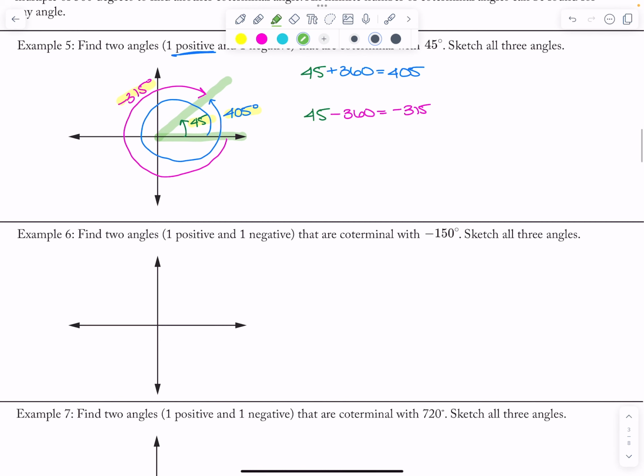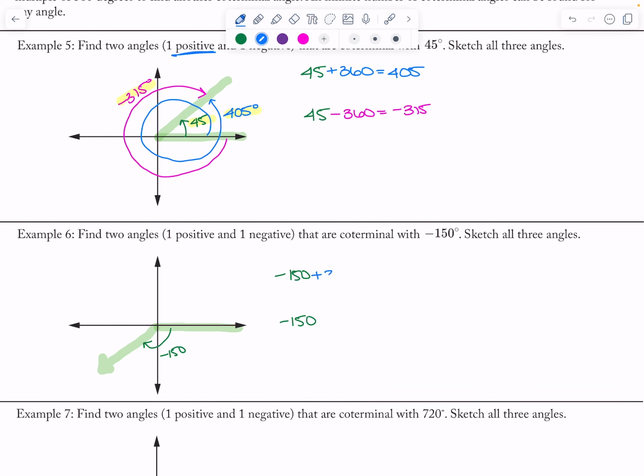Okay, so now I'm going to graph negative 150 degrees, which is here. When I do negative 150 degrees, I want a positive angle measurement and a negative angle measurement.